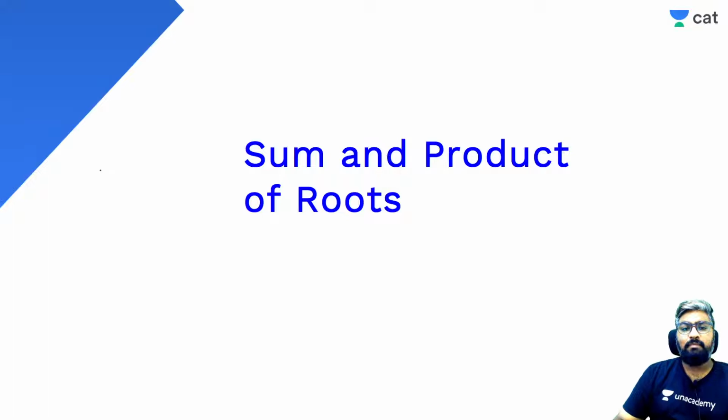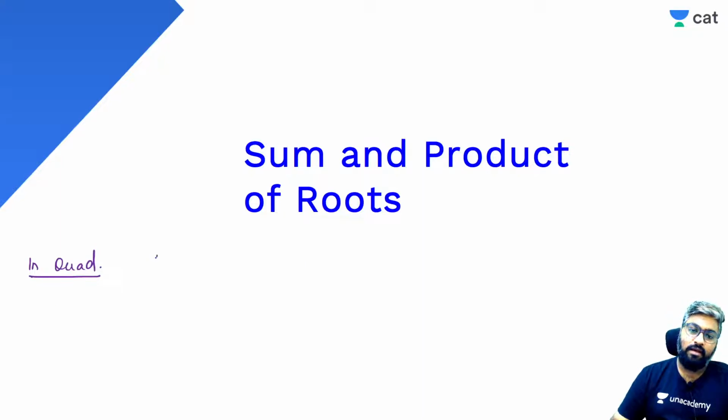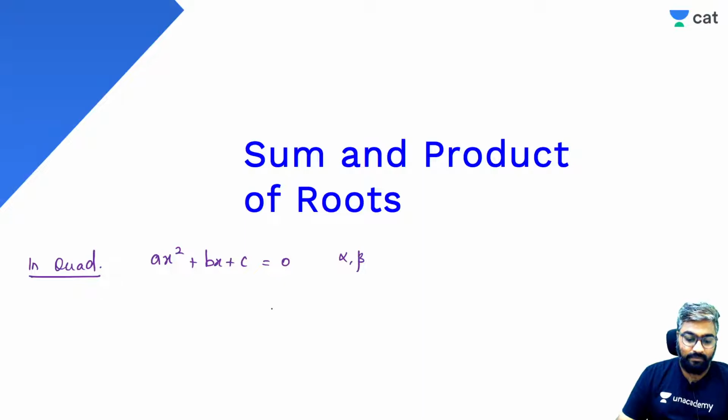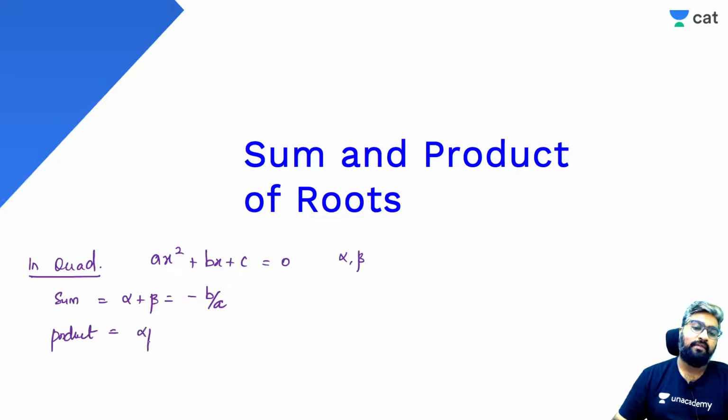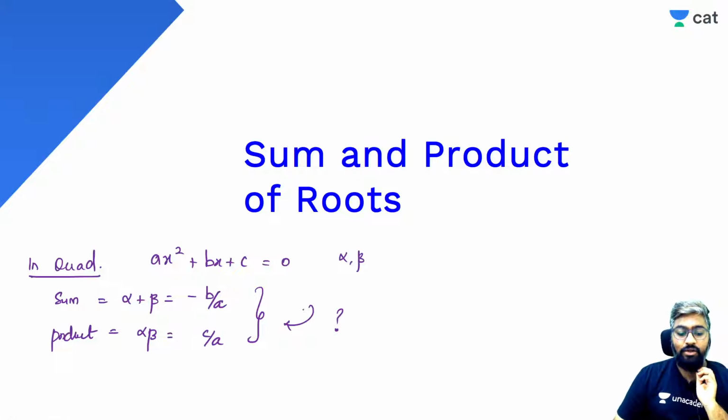Do you remember we saw in quadratic equations that for the equation ax square plus bx plus c equal to 0, if the roots are alpha and beta, then the sum of the roots, alpha plus beta, is minus b by a, and the product of the roots, alpha into beta, is c by a. Do you remember this guys?